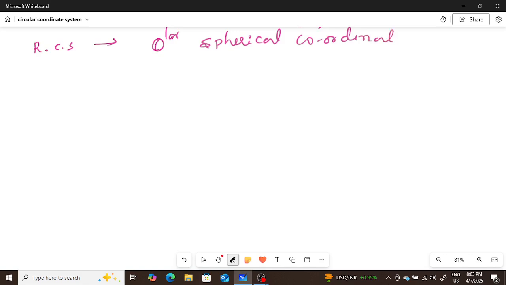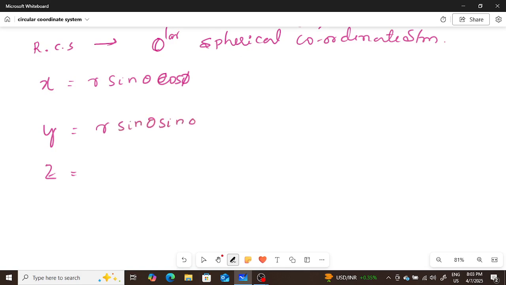Directly I'll write for x, y, z. For x it is r sin theta cos phi. For y, r sin theta sin phi. For z it is r cos theta.